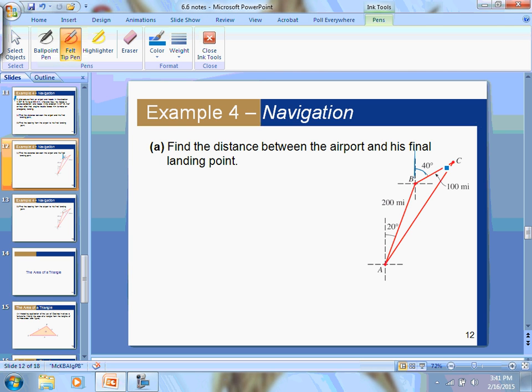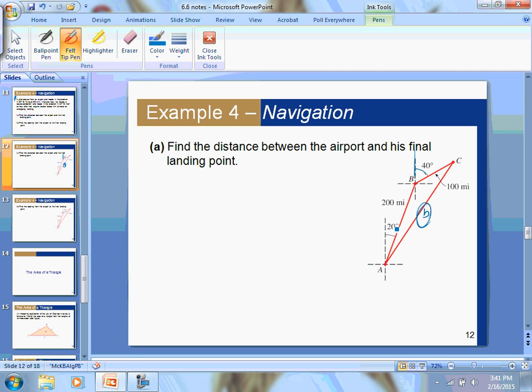So if he was flying 200 miles per hour, in a half hour he'd go 100 miles. So that's the distance there, is 100. Okay? And we have to find the distance between the airport and his final landing spot. So we have to find this side here, which would be little b. That's what we have to find. Okay? But we also have to find the angle.